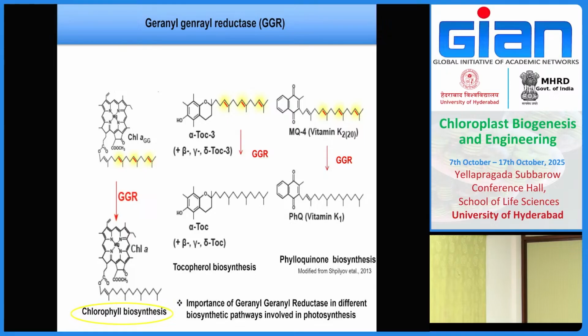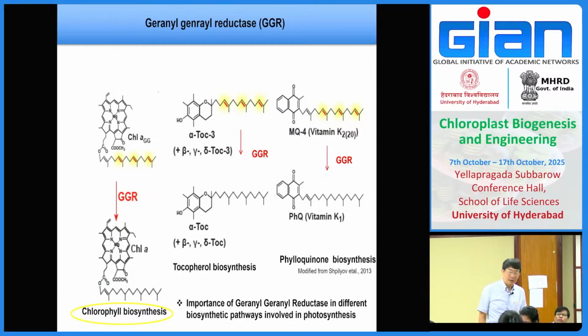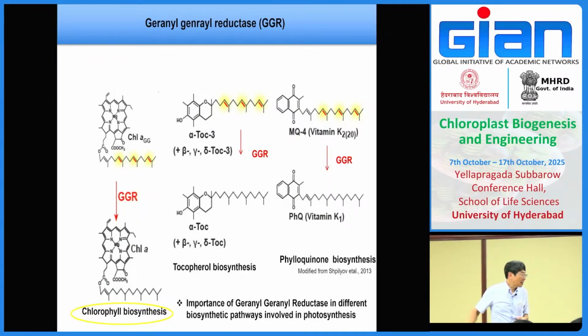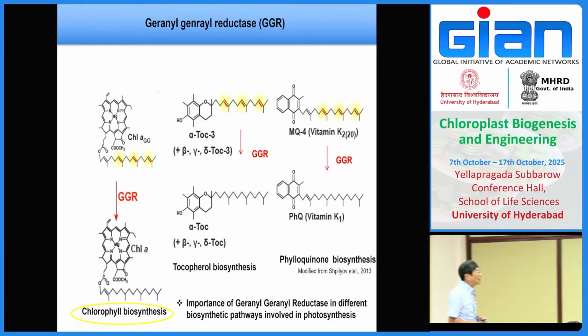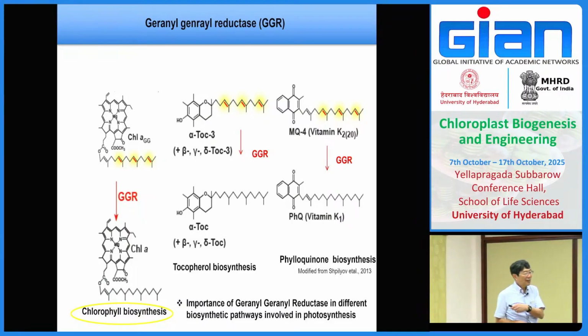Say it again. Are these different chemical reactions happening in the same place or distributed in different places, because they are using the same enzyme? GGR, yes, these are the same enzyme, GGR, geranylgeranyl reductase. Is the synthesis also localized in the same place or a different place? We haven't tested, but at least GGR is present on the thylakoid membrane. Other, alpha-tocopherol and so on, are all very hydrophobic molecules, so these are not present stably in the soluble part.